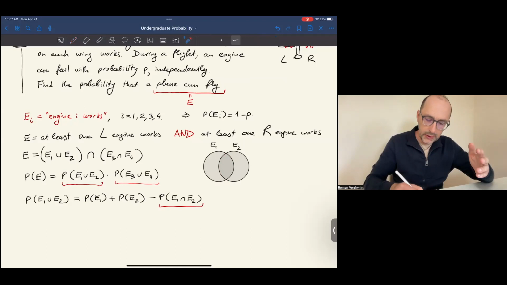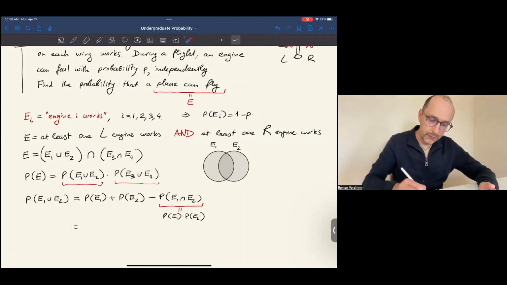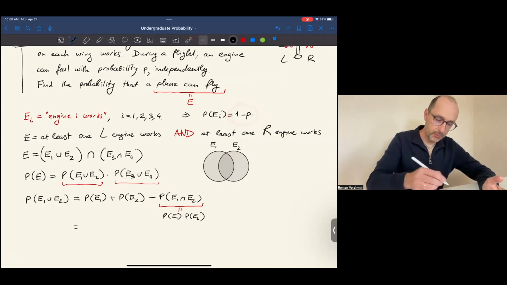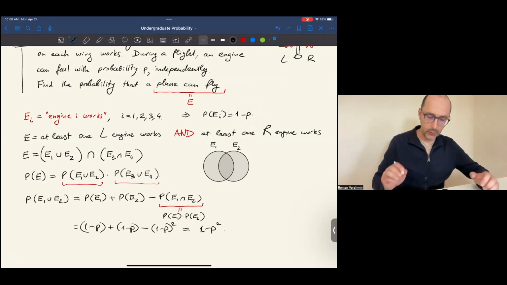Because events E1 and E2 are independent, the probability of the intersection is the product of probabilities. P of E1 is 1 minus P, P of E2 is also 1 minus P, and so we get this expression. If we simplify it, it will become 1 minus P squared.